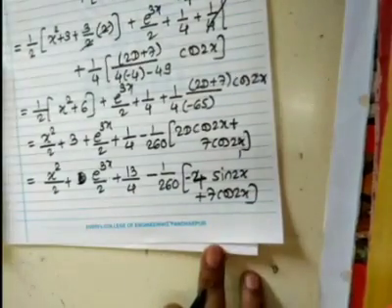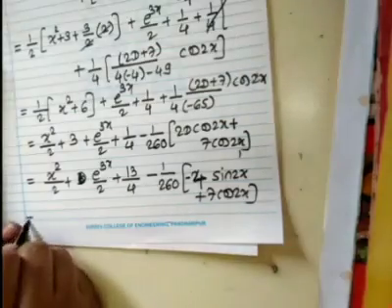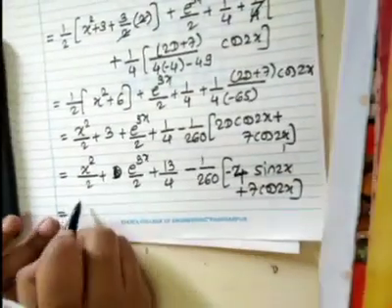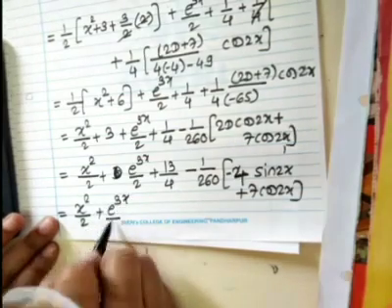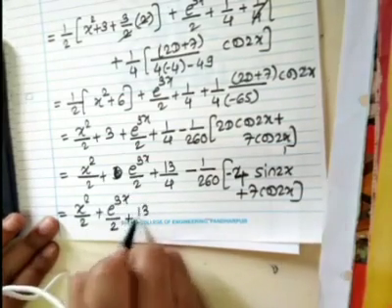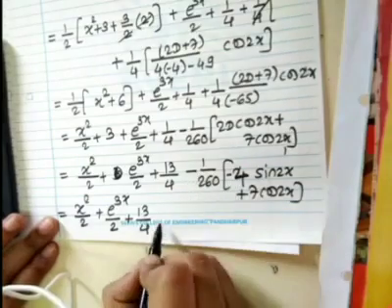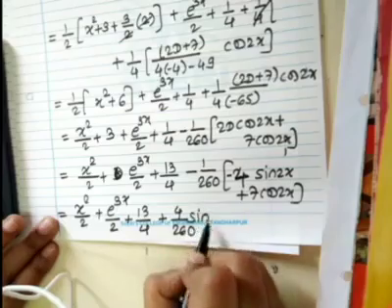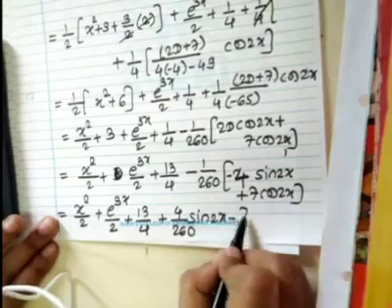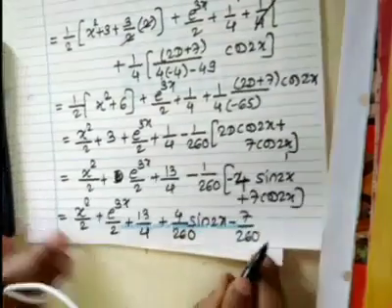Done. All D are finished. So your yp will finally be like x square by 2 plus e raised to 3x by 2 plus 13 by 4 minus minus plus 4 by 260 and 2x minus 7 by 260 cos 2x.